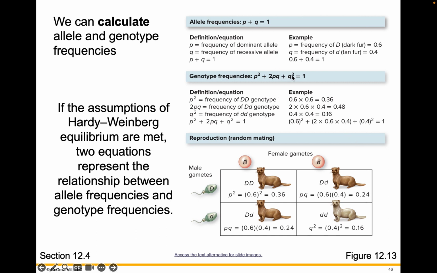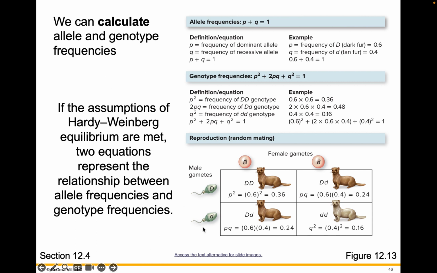And then adding onto that, the frequency of the homozygous recessive individuals would be these light-colored ferrets. So 0.4 times 0.4 equals 0.16. So we can make predictions about the frequencies of genotypes and phenotypes based on the frequencies of alleles in populations.